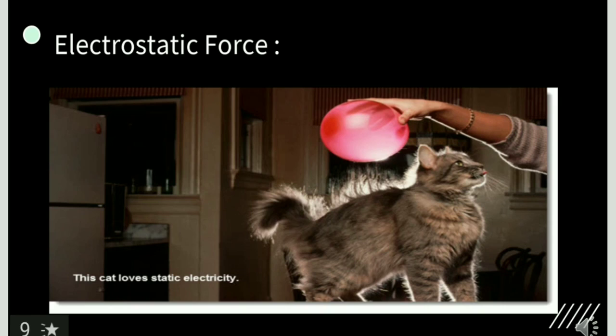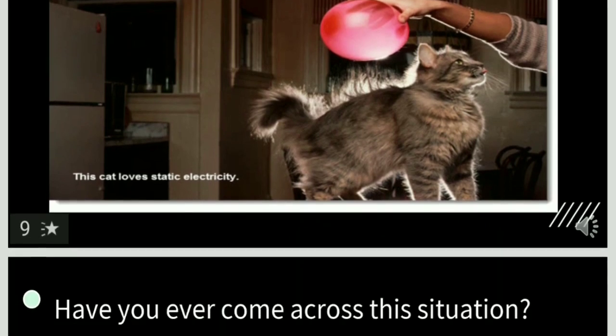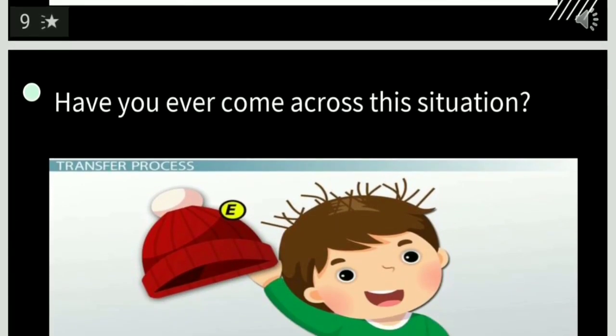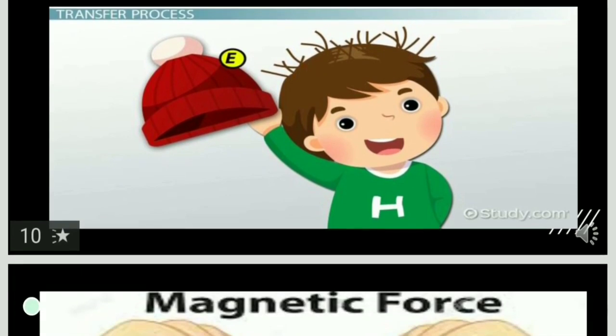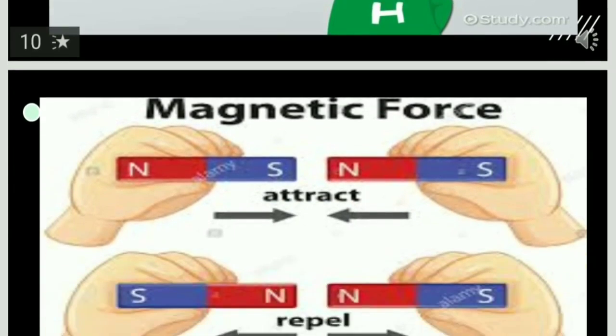Like charges will repel, while dissimilar or unlike charges, positive and negative, will attract. This situation must be very common, and you must have come across it when you take off your cap. What happens? Your hair straightens up, and you feel that electricity is flowing through your hair. So that is not electricity, that is electrostatic charges.